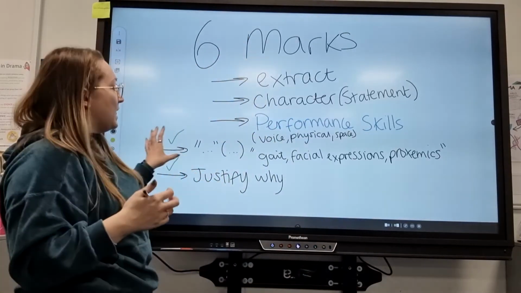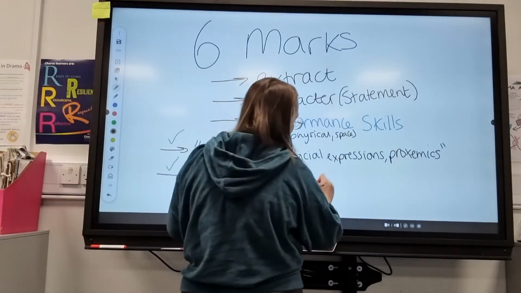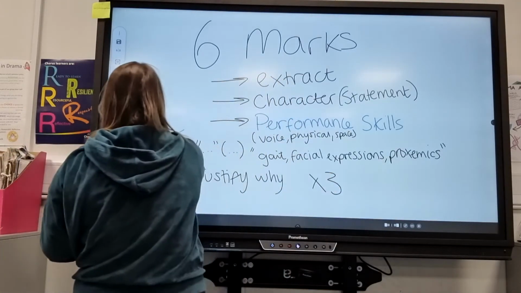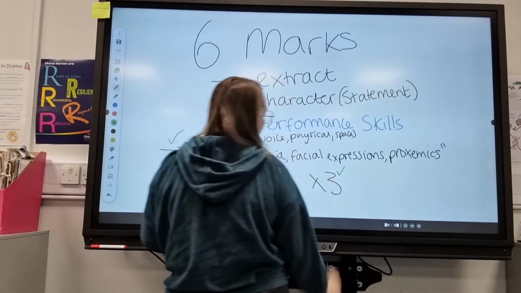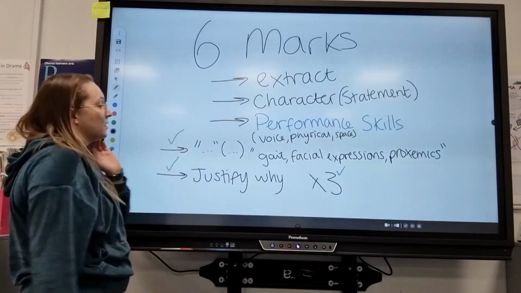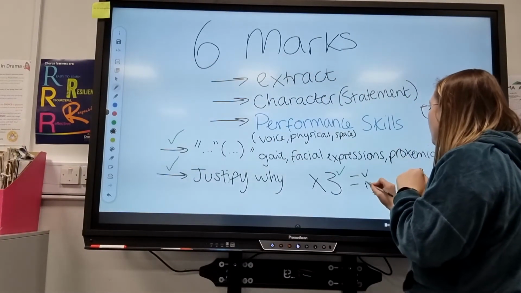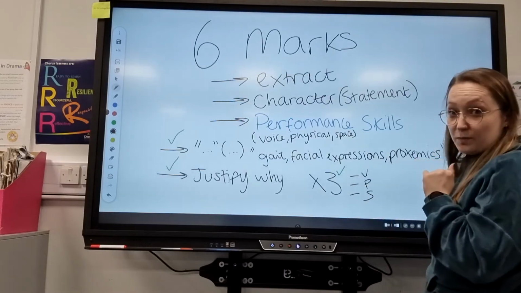So it's exactly the same structure as the 4 marker. However, to get full marks in this one, we are going to want to use 3 examples. And with that as well, I would recommend doing an example, 1 vocal, 1 physical, and 1 stage space.